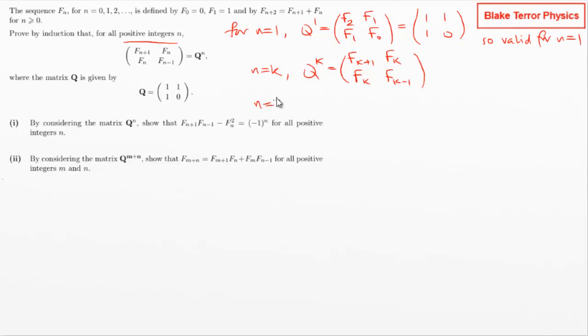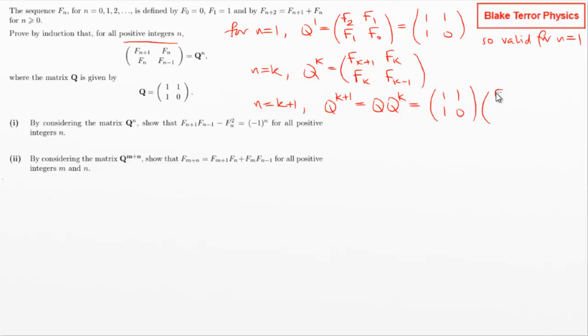And then n equals k plus 1. That means we've got Q to the k plus 1, which is Q times Q to the k, is equal to 1, 1, 1, 0.